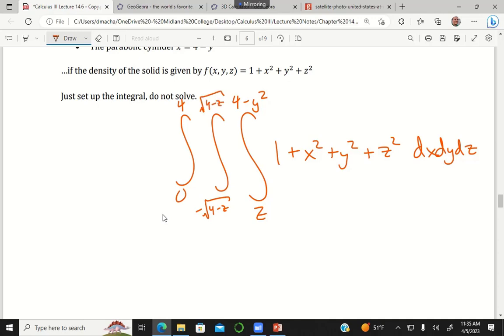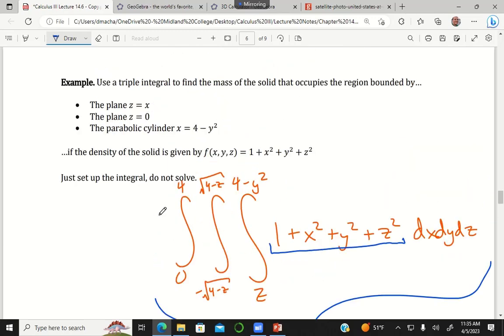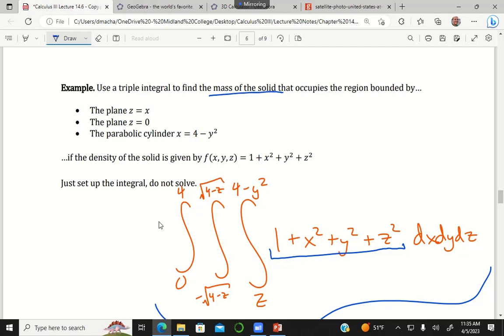Okay, now, if I took this triple integral and I actually put a real integrand in there and not just the number 1, this triple integral would tell me the mass of the solid if the density of the solid were given by this scalar field function, right? And so what I'm trying to say in this problem is if you give me the x, y, z coordinates of the point you're talking about inside this solid, then I can tell you what the density is, right?